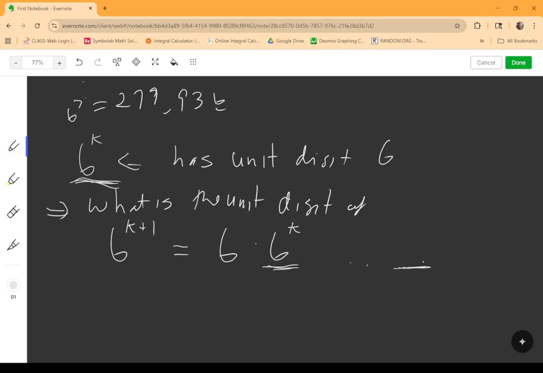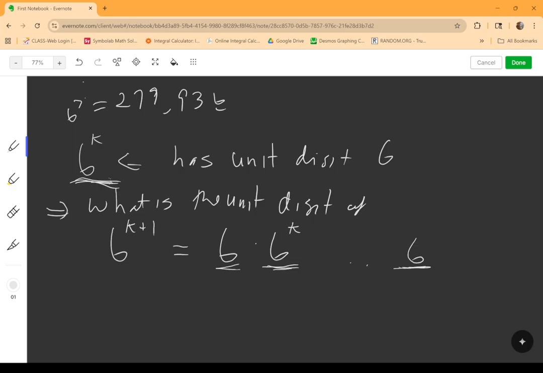Whatever the last digit is, I know it's going to be a 6 by my hypothesis, and then I just multiply it by that other factor of 6. That leads me to believe that 6 to the k plus 1 also has a unit digit of 6. Arguing in this manner is steps towards a valid proof.